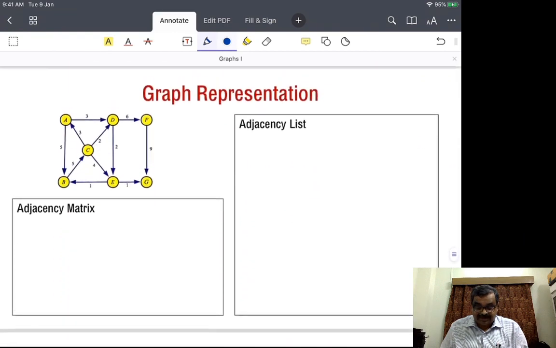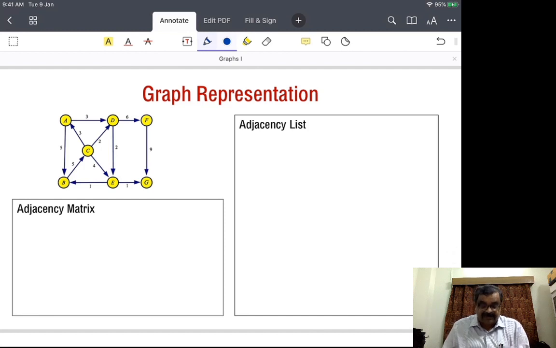Let us see what happens in the case of a directed graph. In an undirected graph, you had symmetric edges, and here it is not only a directed graph, there is also a weight on the graph.